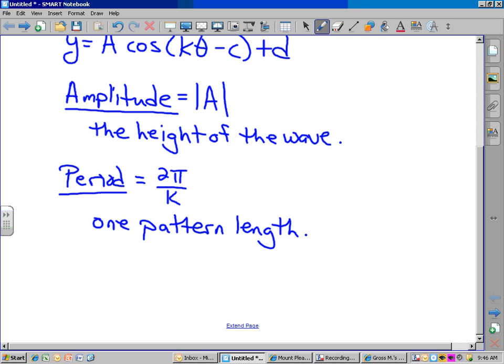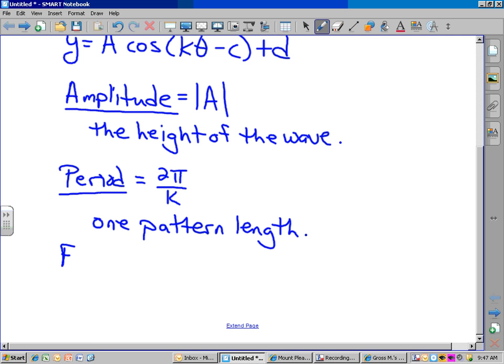Okay, we talked about that when we drew the graphs. So this is the pattern or one period of the function. We had a peak, we had a valley, and then we started over. That pattern is known as a period of the function. One pattern length is the best way to describe that.